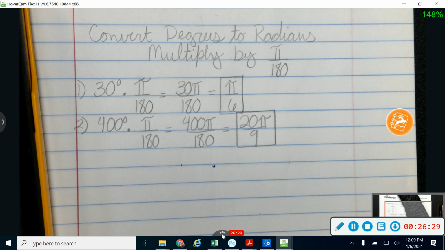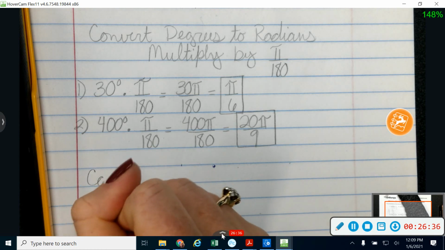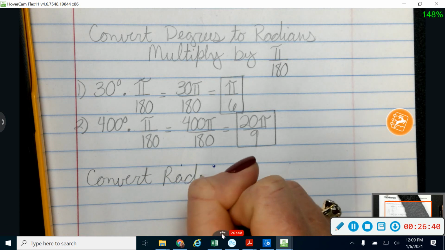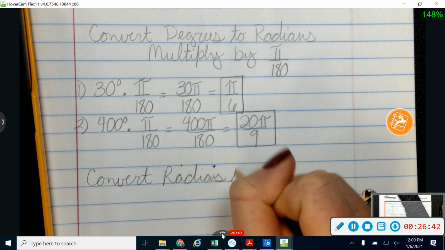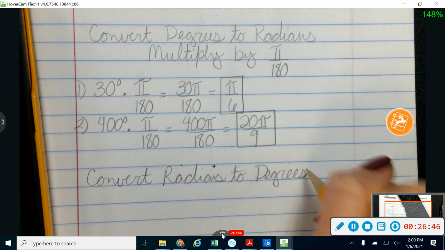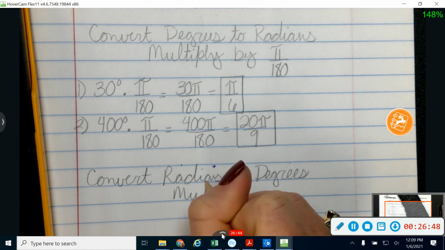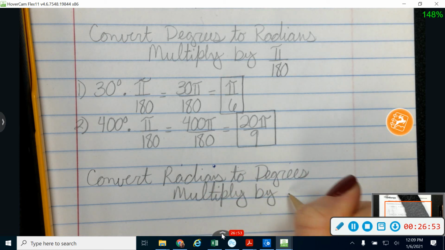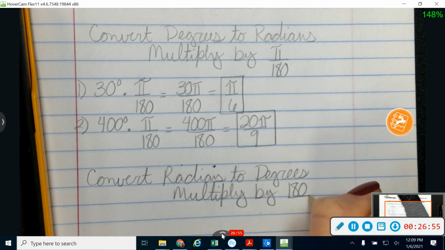Any questions on that? All right, last thing. Let's go the other way. We're now going to convert from radians to degrees. I'm just going to do the opposite, and multiply by the reciprocal, 180 over pi.